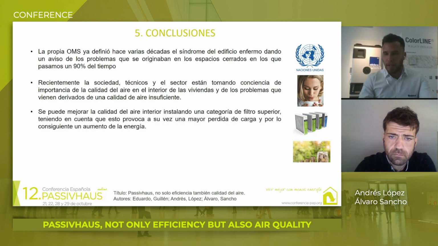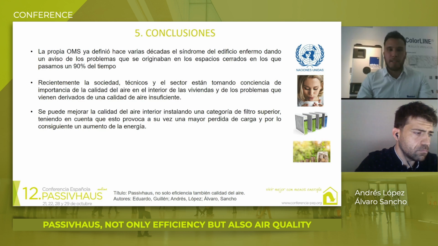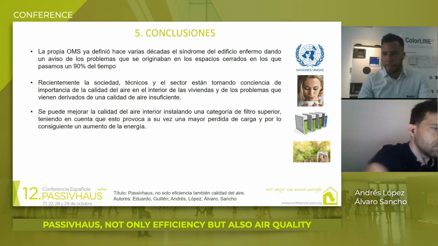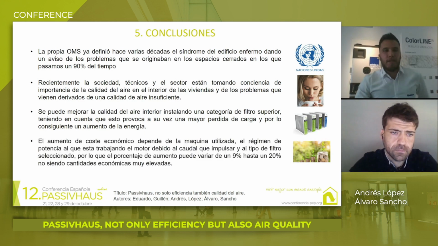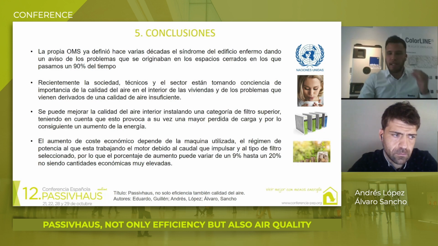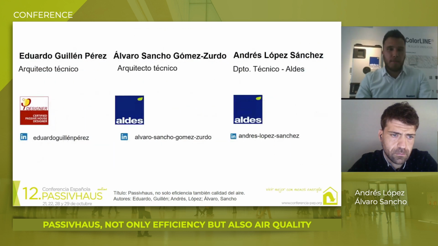It's also possible to improve air quality indoors using higher category filters than those required in the Passivhaus standard. And it's also been verified that the economic cost of using higher capacity filters doesn't represent a significant increase in overall costs.